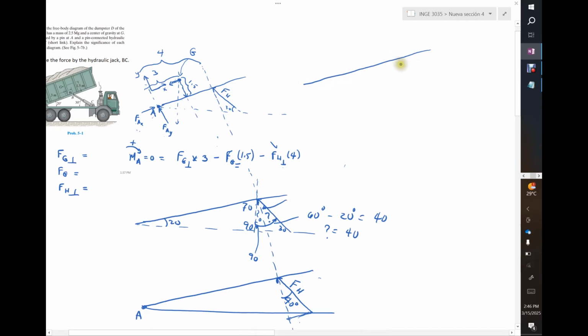For example, I have a force here which is FH normal. I can write normal or perpendicular to the bar here. But I also have another force that is coming down here, and that force is tangential to, or parallel to, the x-axis. Now we have those.